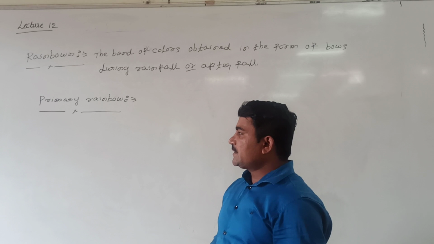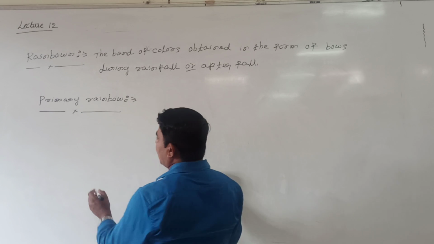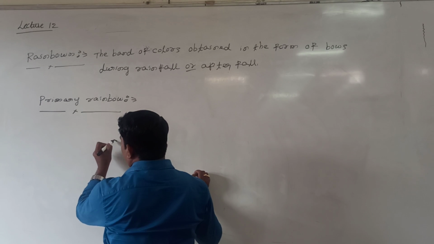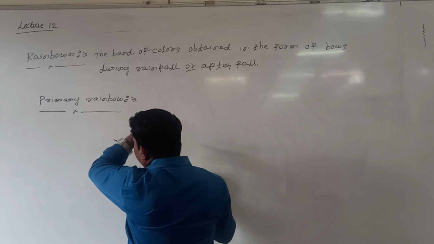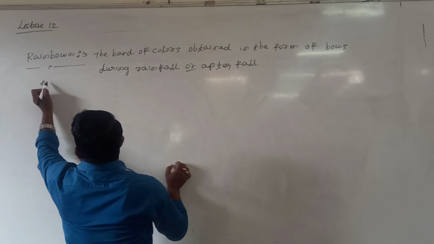Now look at me. Consider in the sky any one water droplet is available. Now we'll discuss primary rainbow.